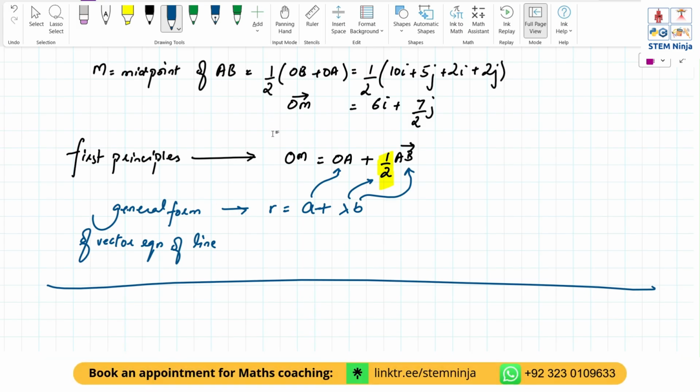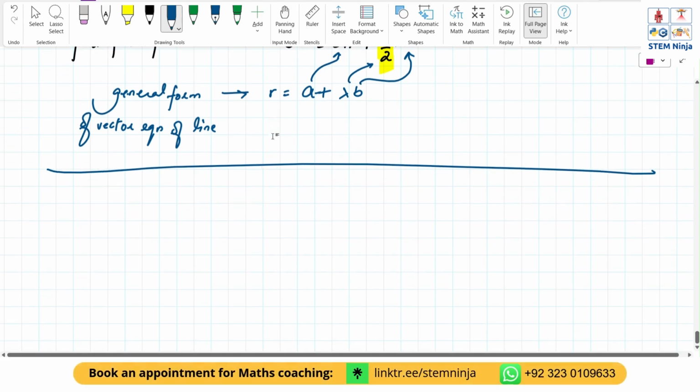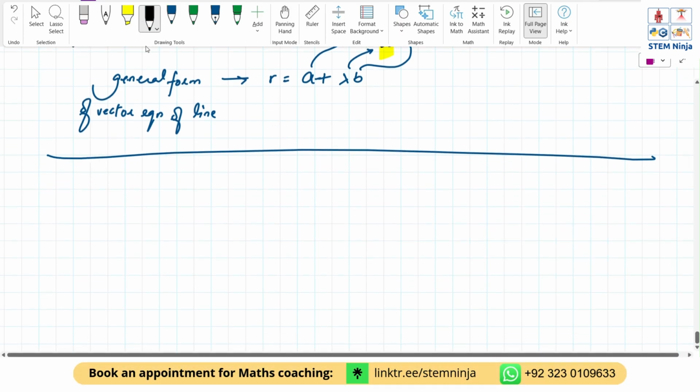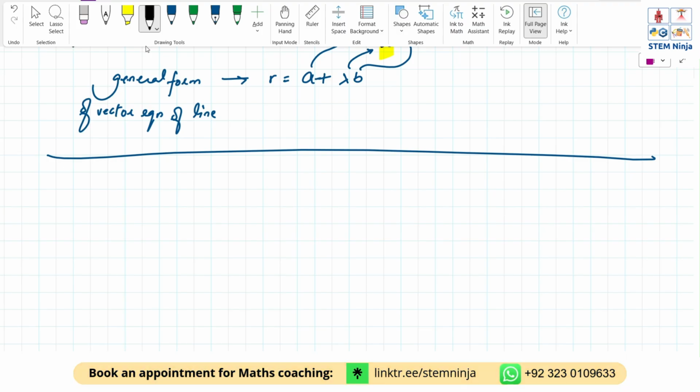So we can move on to slightly more important things so we can practice together. There are two things that are important: parallel lines and intersections. Just like in the Cartesian lines, if the two gradients are the same, then that means the lines are parallel.